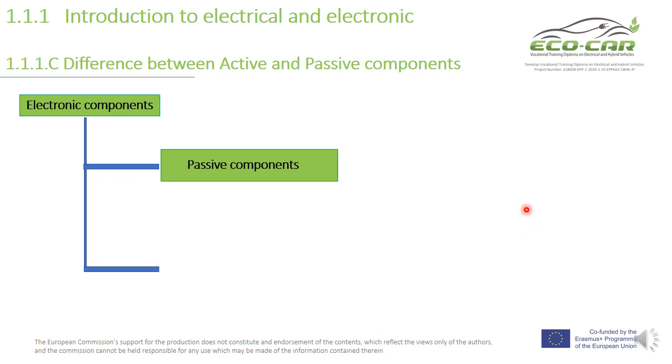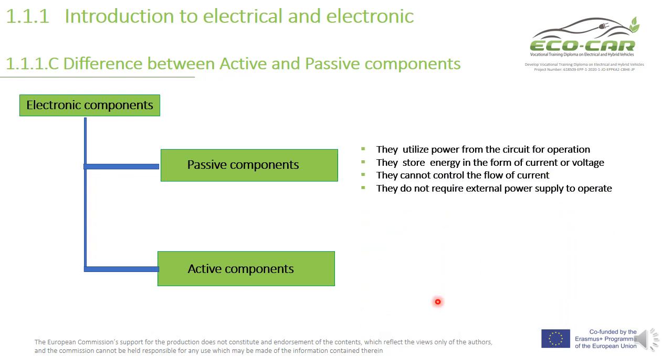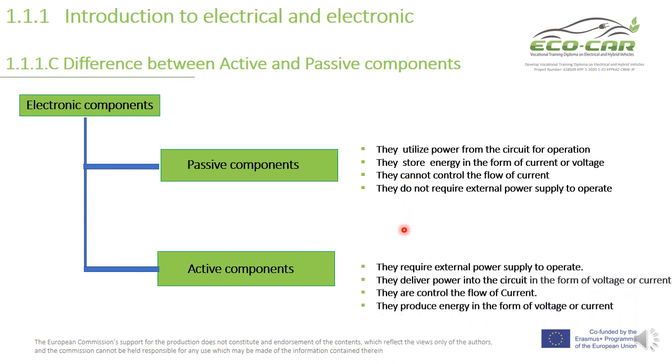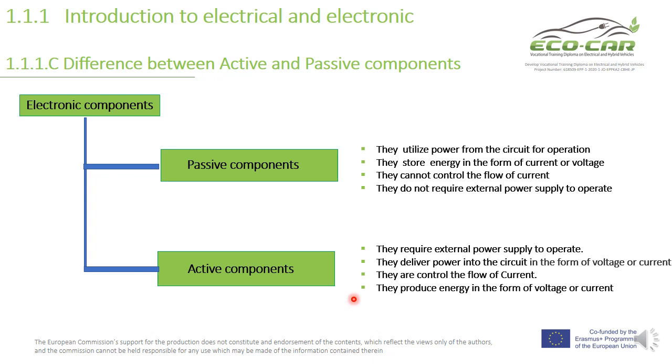You see the difference between this point and this point. They deliver power into the circuit in the form of voltage or current, but here, they store energy. They control the flow of current, while passive components cannot control the flow of current. Active components produce energy in the form of voltage or current.